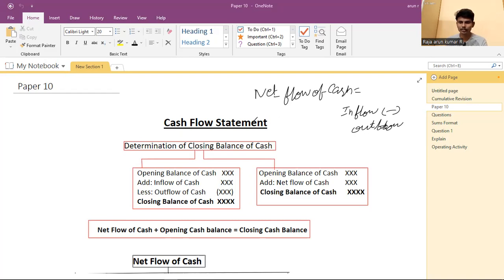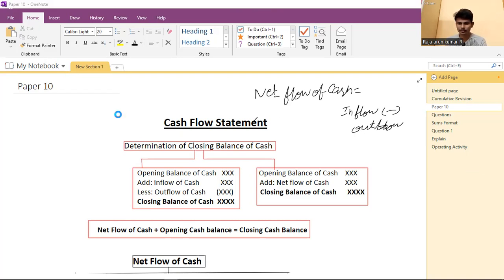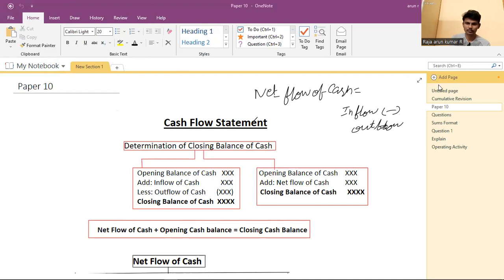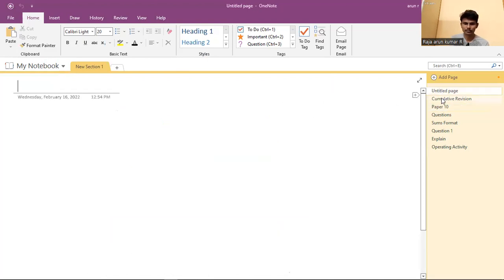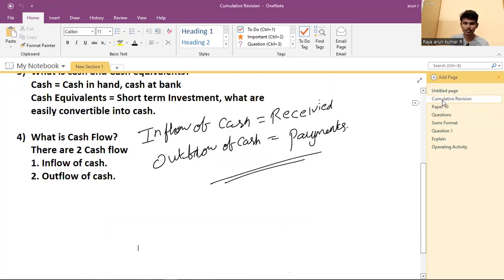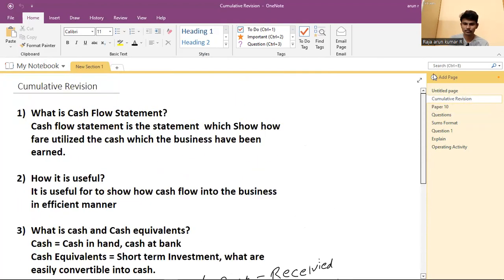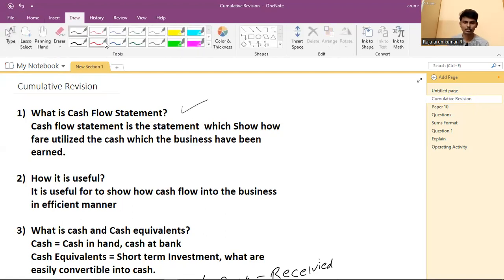In the first class of cash flow statement, we covered what a cash flow statement is.